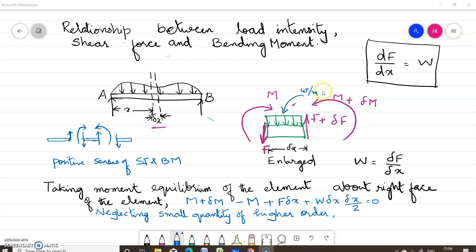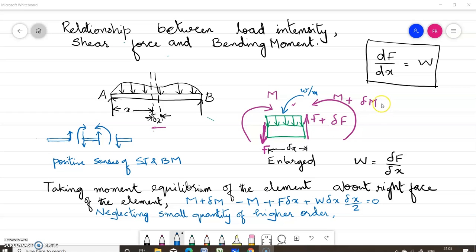Let W per meter length be the load intensity for an elemental length delta x. Since it is a very small length, we can take the intensity of loading for this elemental length to be a constant. Let the moment acting on the right portion of this elemental length be M plus delta M.